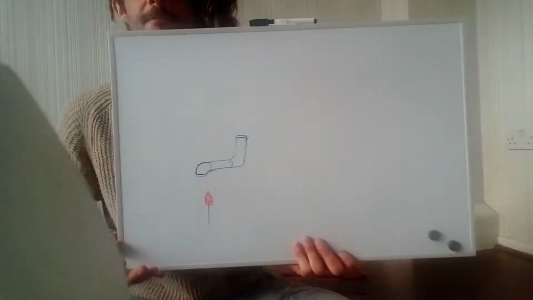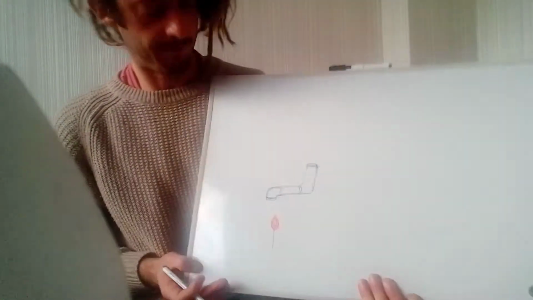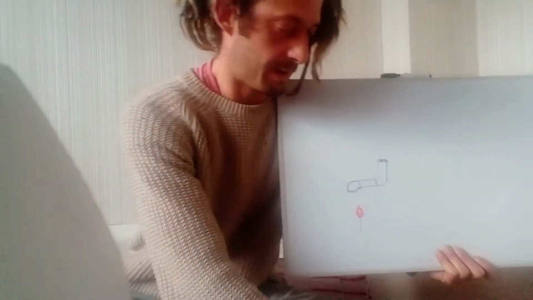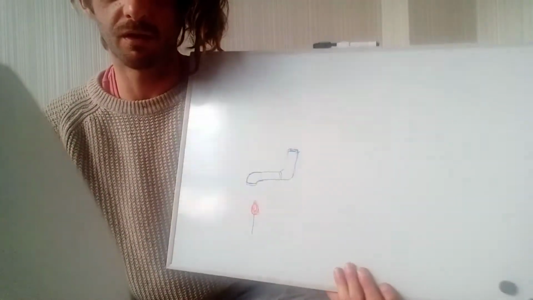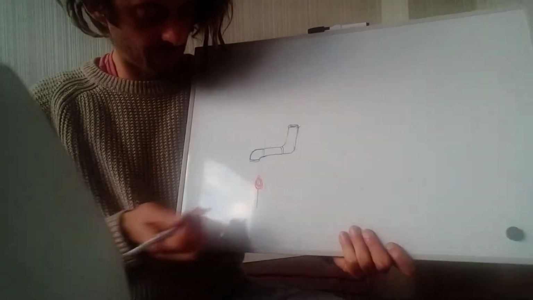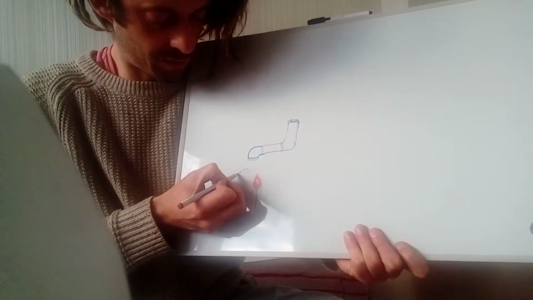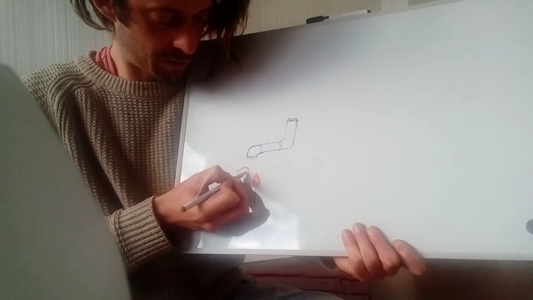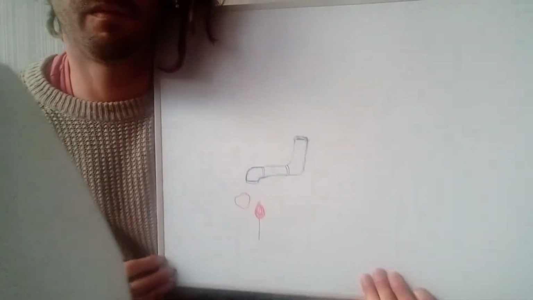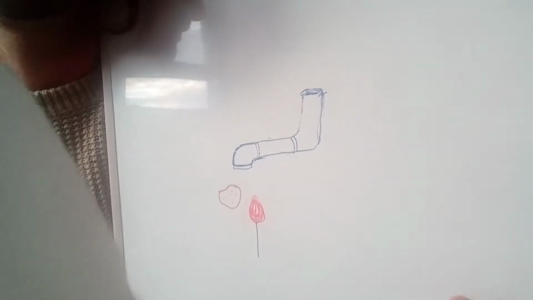So you got this little pipe there, and what I'm going to draw now is a potato, funnily enough. So here's a potato. Okay, so a potato dropped out of the pipe. You can see that there.